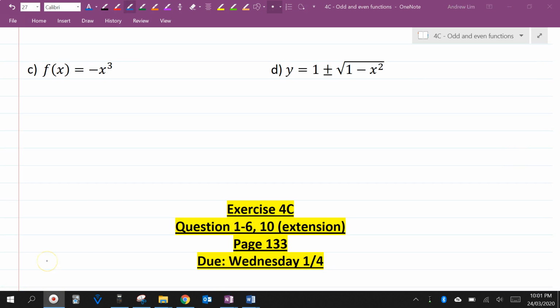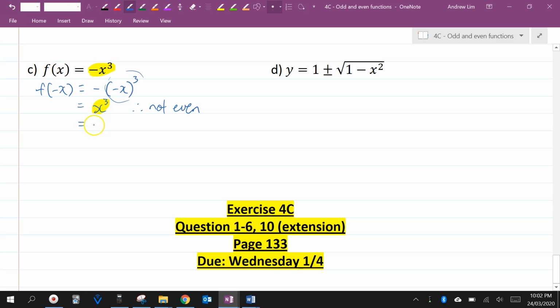Question C. So f of x is equal to negative x cubed. So let's find f of negative x. Well, negative x cubed is negative x cubed. Therefore, we got negative x cubed is positive x cubed, which is not equal to this. This says negative x cubed. This says it's x cubed. So I'm going to say, therefore, not even. So because it's not even, let's try and see if it's odd.